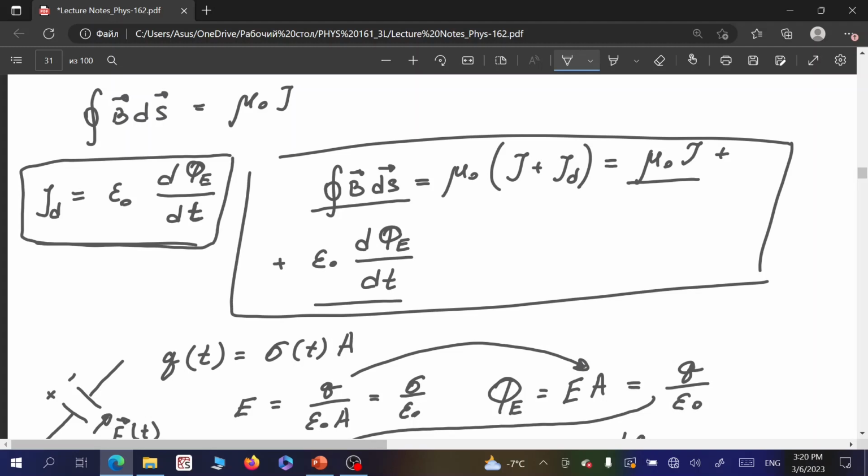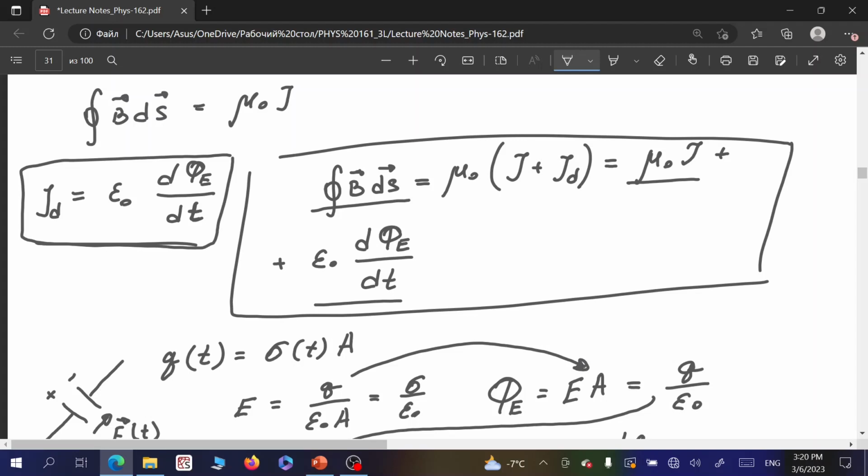In the first case, we will have just conductivity current as a source of magnetic field, and in the second case, it will be the time-dependent or time-varying electric field inside the capacitor, which results in the so-called displacement current proposed by Maxwell.